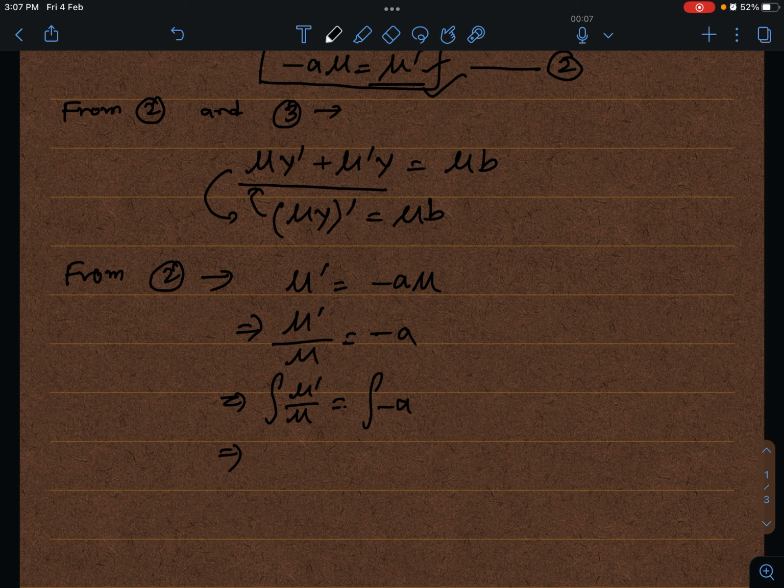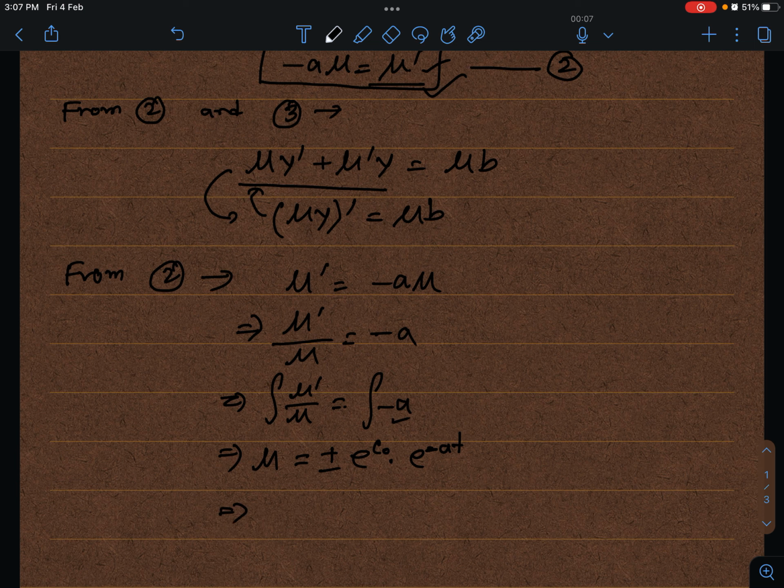So this can be written as, the similar solution. So mu would have something like plus minus e to the power c naught into e to the power minus at, as the constant a has a negative sign here.